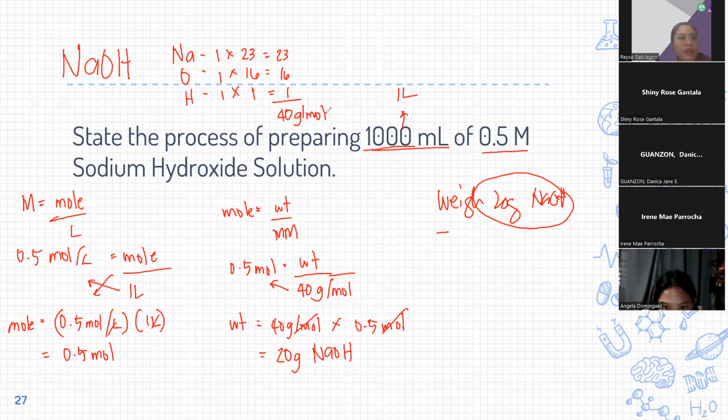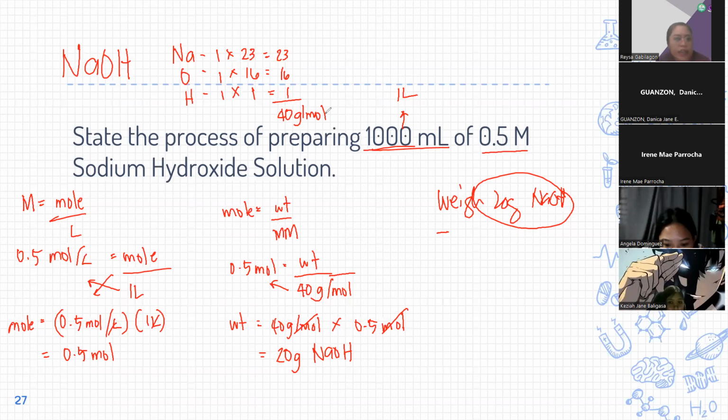Oh, don't multiply it by 1,000. You convert the 1,000 to 1 liter. When 1 is used, 0.5 comes out. This is 0.5.